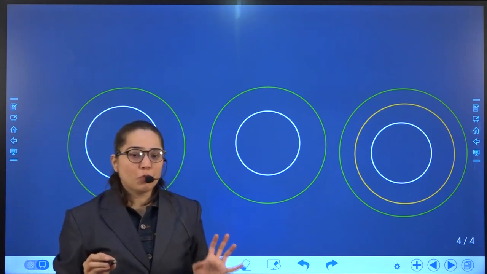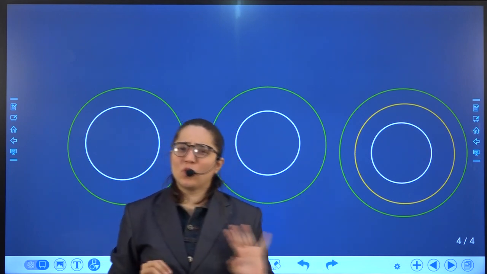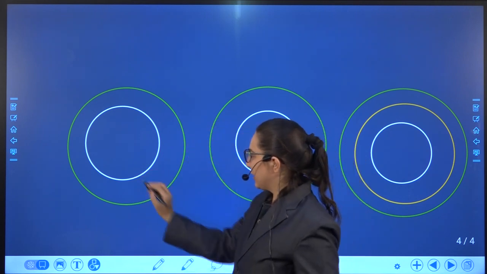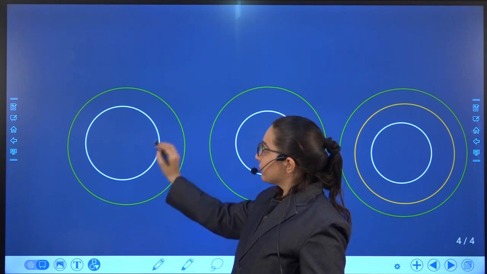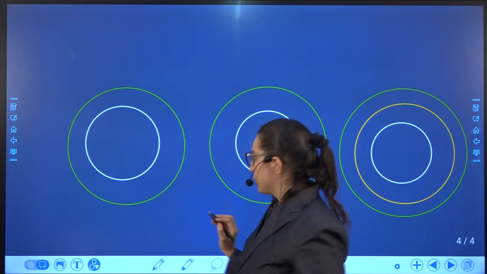Now, on the basis of the body cavity, the entire classification is of three types. It's very easy. You know that animals are either diploblastic or triploblastic.